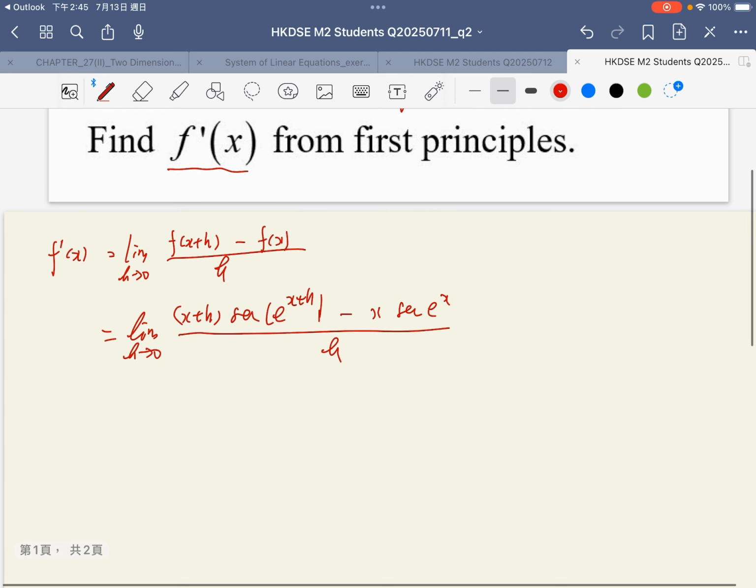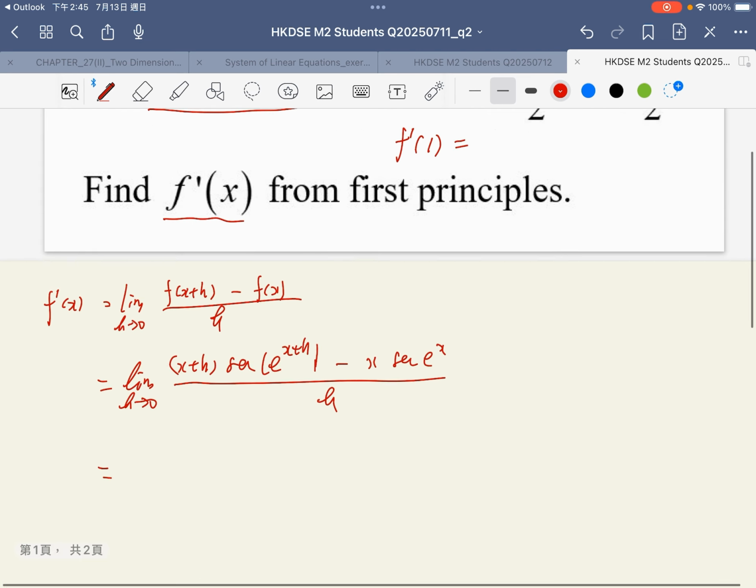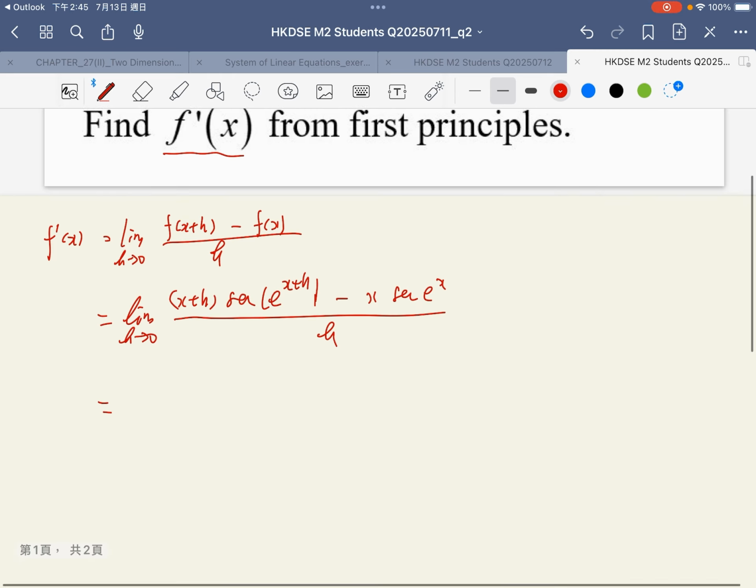Because this is actually the product rule of first principle, we have to insert an extra term so that we can make that in perfect form.